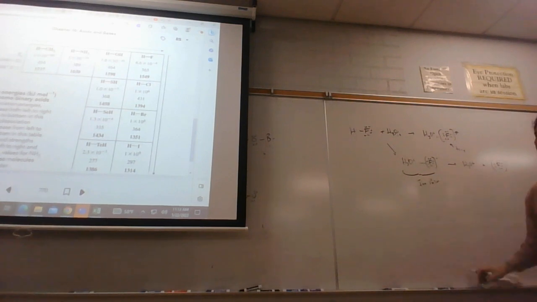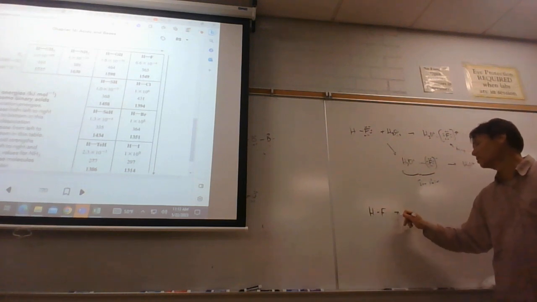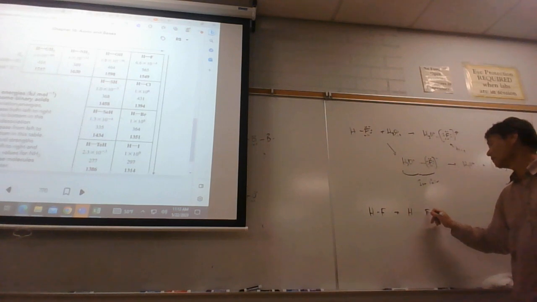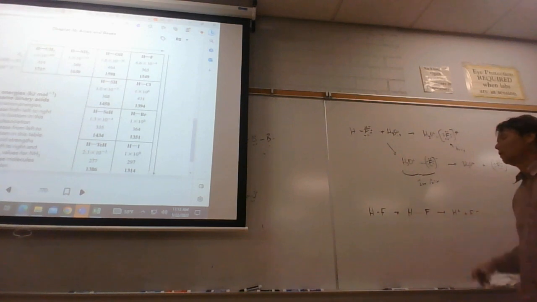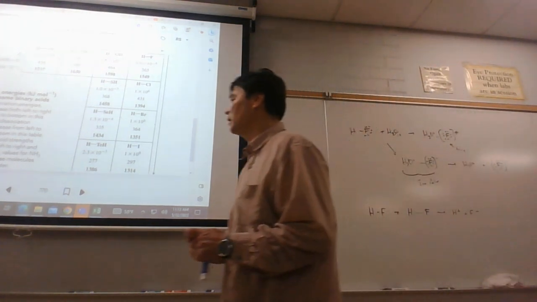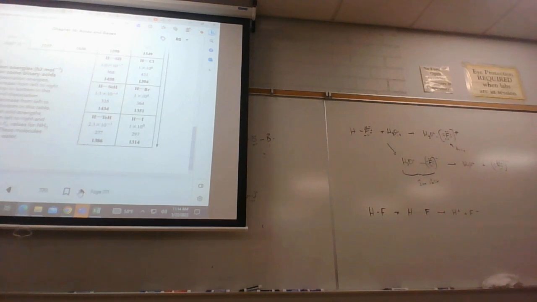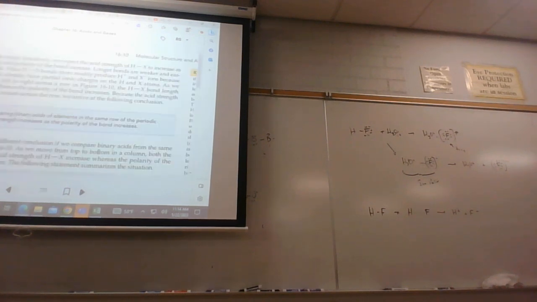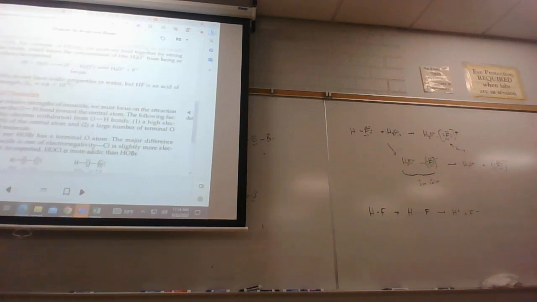Ion pair means the hydronium can't act freely. It's stuck onto the fluoride. The other way of showing ion pairing is like this in our book. Our book would show this breaking to this, breaking to this. Whereas we don't have the same kind of ion pairing occurring because the size is much bigger and the electrical interactions are much weaker.